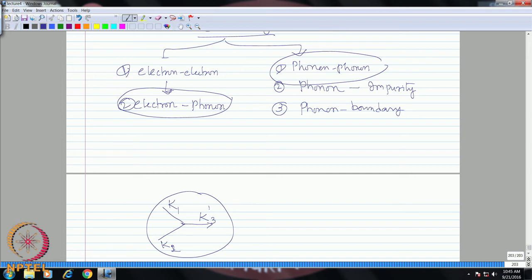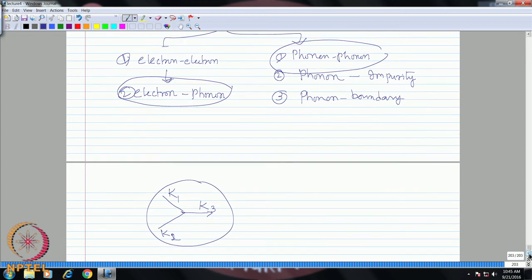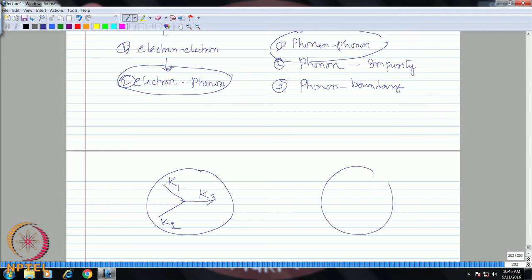Let me not use the prime again, because I have used it before. Similarly, you can have a similar collision between two phonons K1, K2, but there is a difference between these two.